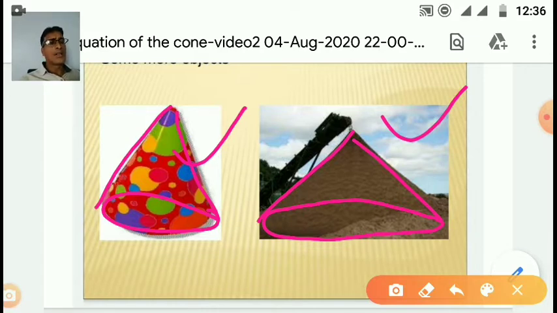Why does a material like gravel or sand take the cone shape when it is kept on the ground? The reason is the cone shape is more stable than any other shape. Due to that reason, every material like gravel or sand, whatever it may be, whenever it is kept on the ground, takes the shape of a cone.